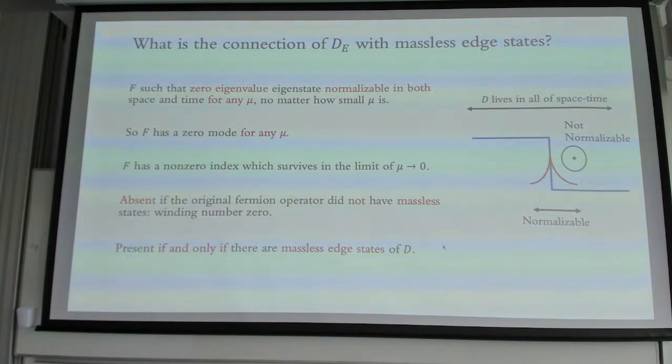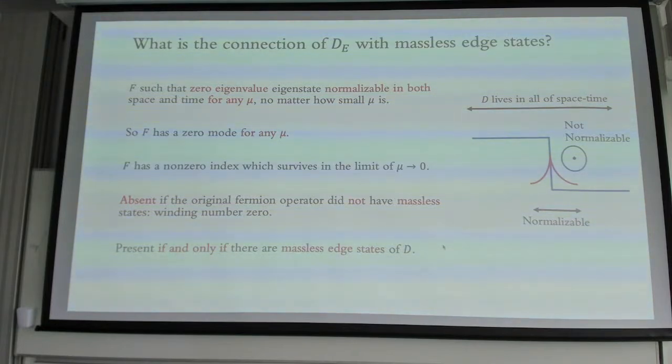I also have to keep in mind that when I turn on this background field, F has a zero eigenvalue eigenstate normalizable in both space and time for any mu, no matter how small mu is. This is something I have to engineer, and it's possible to engineer this. So F has a zero mode for any mu, and it has a non-zero index that survives in the limit of this background field going to 0.